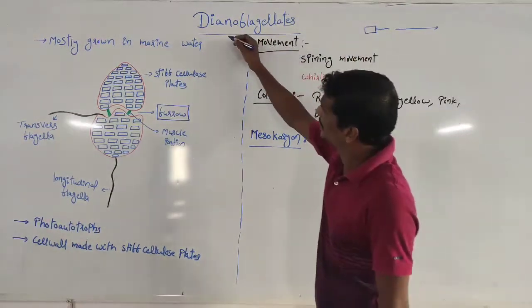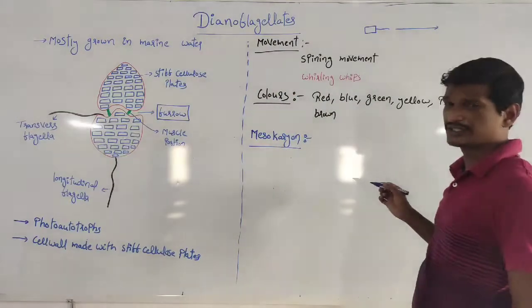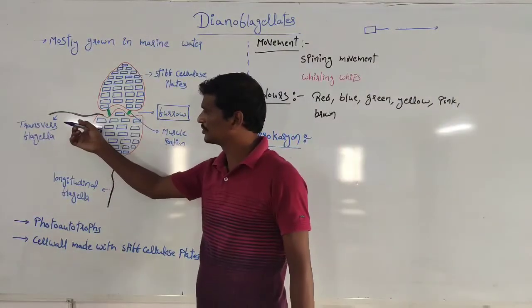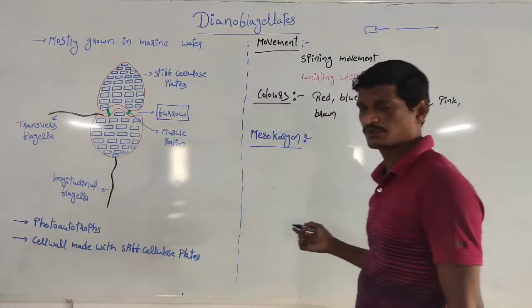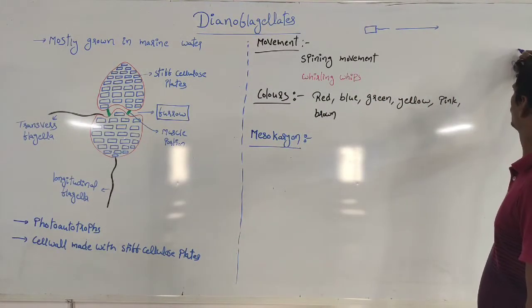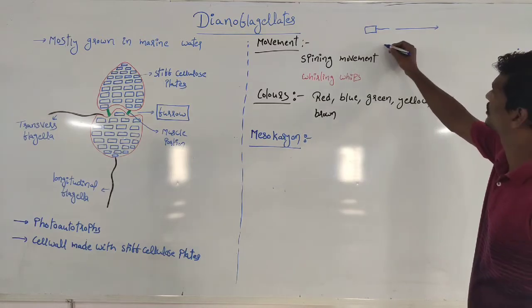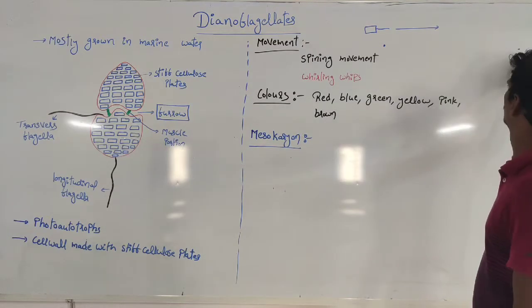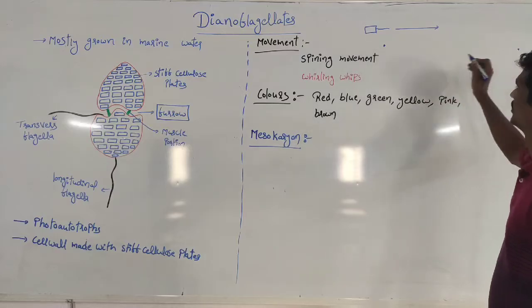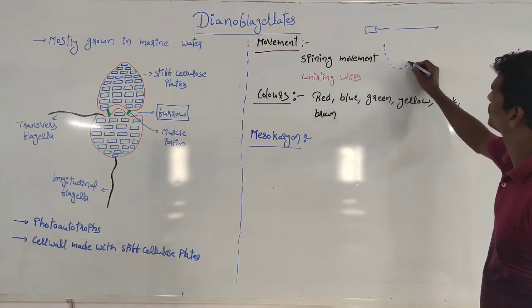But in dinoflagellates, movement is not straight, because one flagellum is at the longitudinal position and the other at the transverse position. The movement is quite different. If the dinoflagellate wants to move from here to here, the movement is like this.